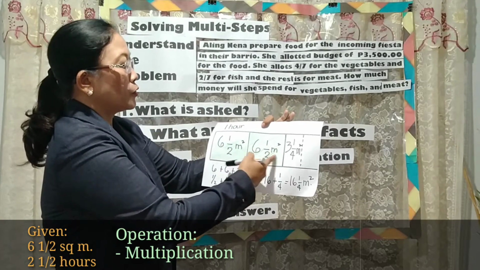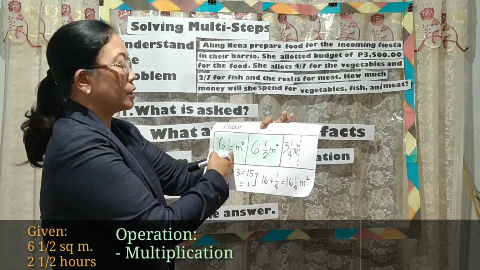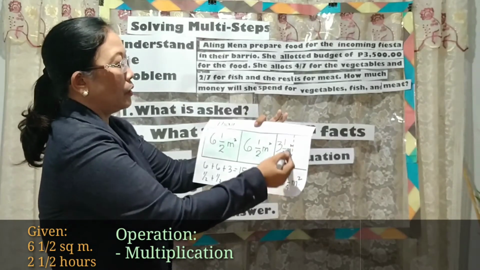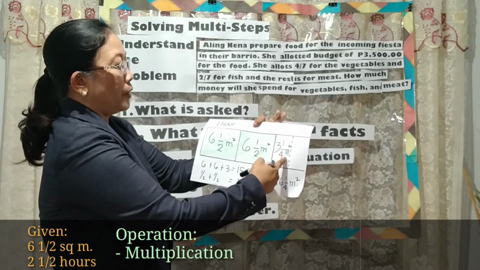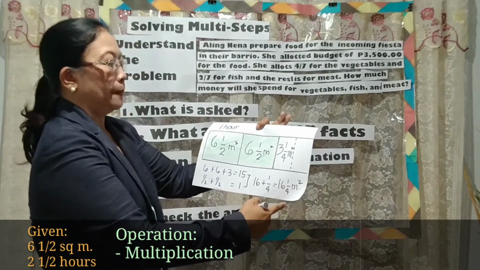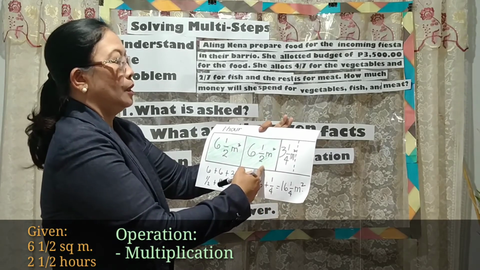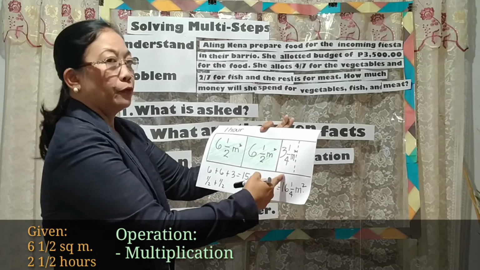This one is also another 6 and 1/2, so 2 hours. And then here, this is another 6 and 1/2. We are going to get only half of that, kalahati. What is half of 6 and 1/2? So it will give you 3 and 1/4.